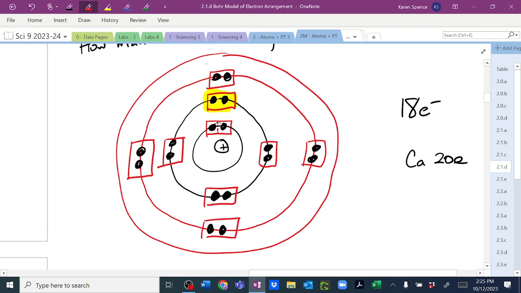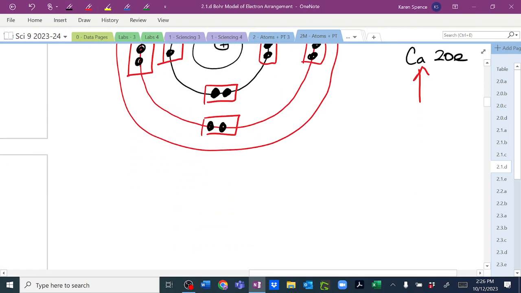You can keep adding shells up to 7 because then we run out of elements. Okay? Now, like I said though, the Bohr model falls apart when we get to element number 20, which is calcium. So technically, we have a maximum in our first shell. What's the maximum?